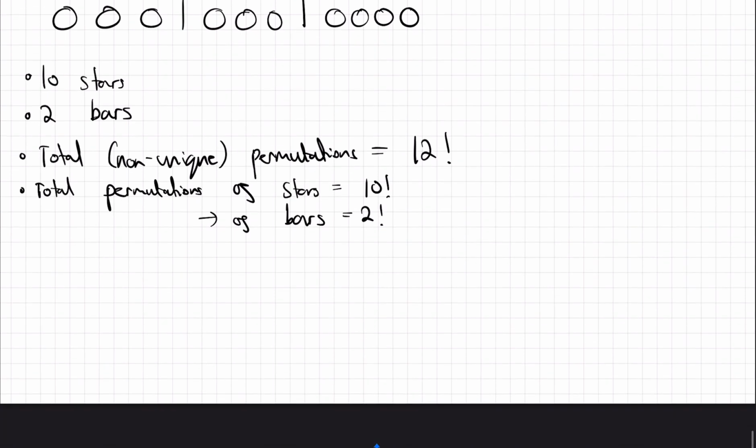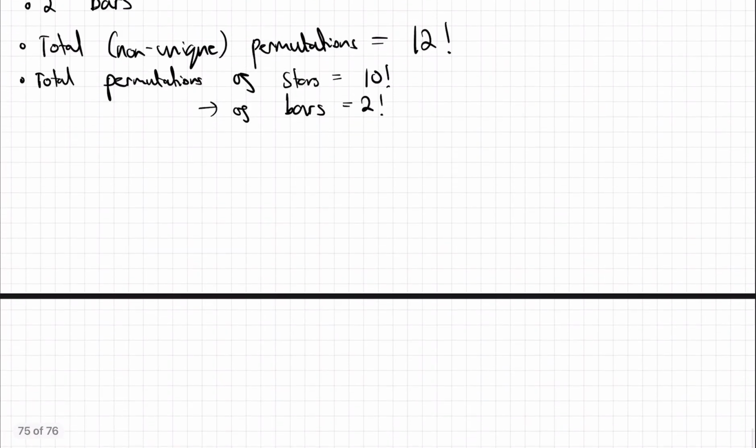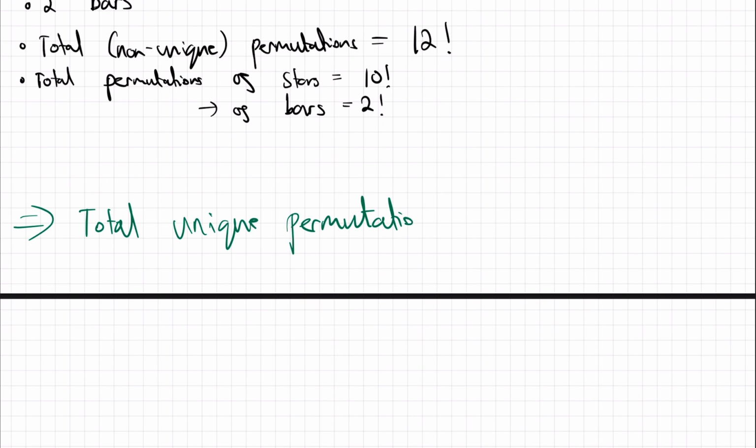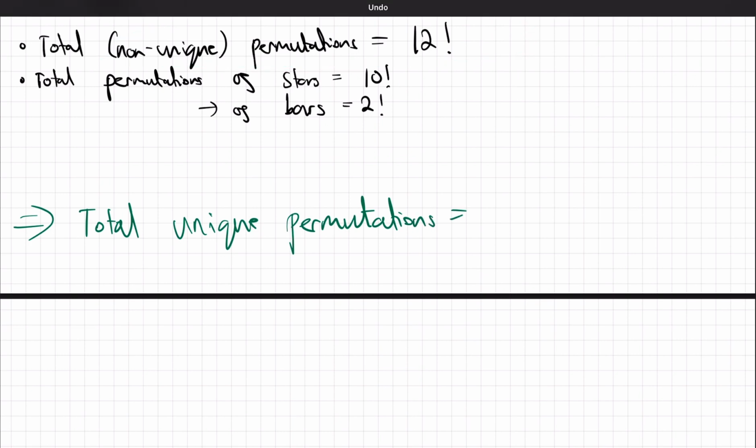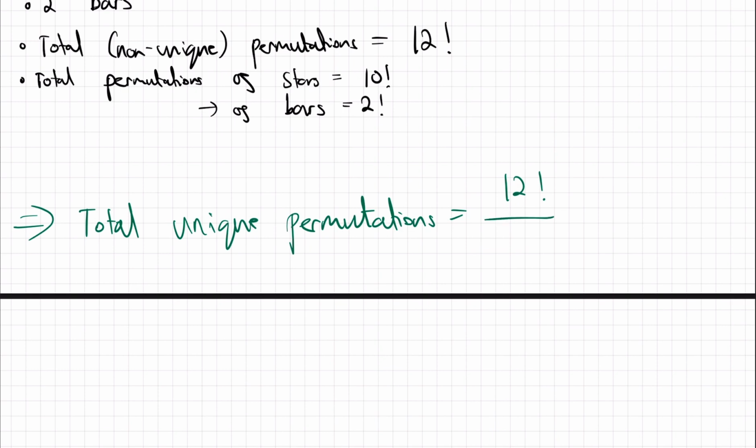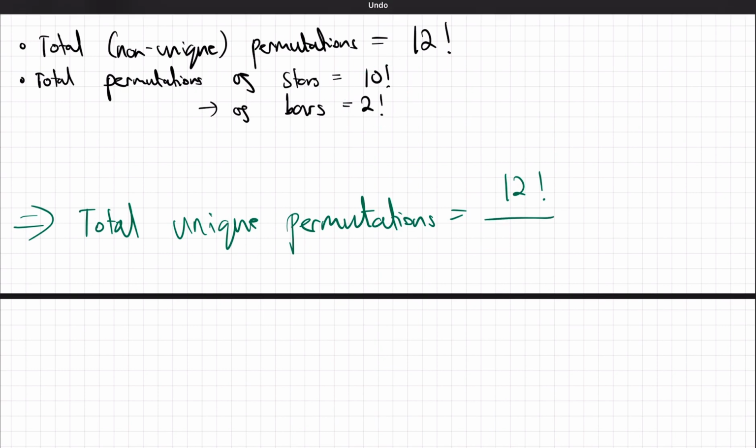So therefore, we can now work out the total unique permutations. If we maybe do this in green, the total unique permutations is just going to be the total non-unique permutations, 12 factorial, divided by, for each of those cases, 10 factorial multiplied by 2 factorial.